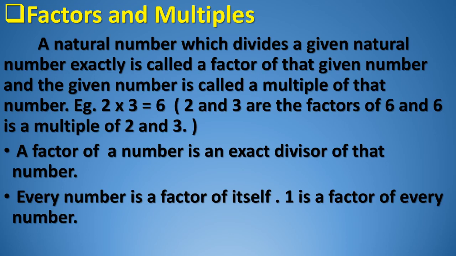If we are dividing 12 by 12, it is also possible. So every number is a factor of itself, and 1 is a factor of every number, because 1 can divide any number.